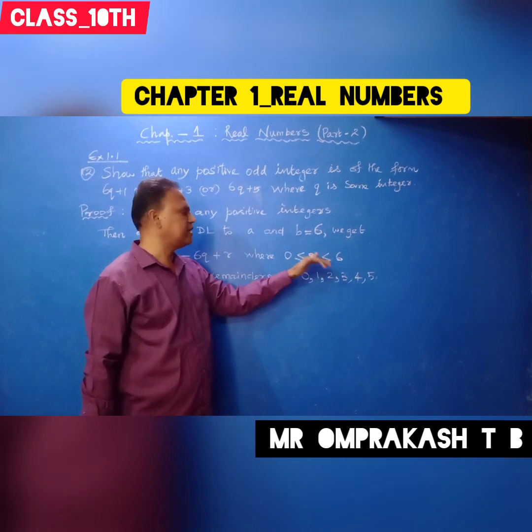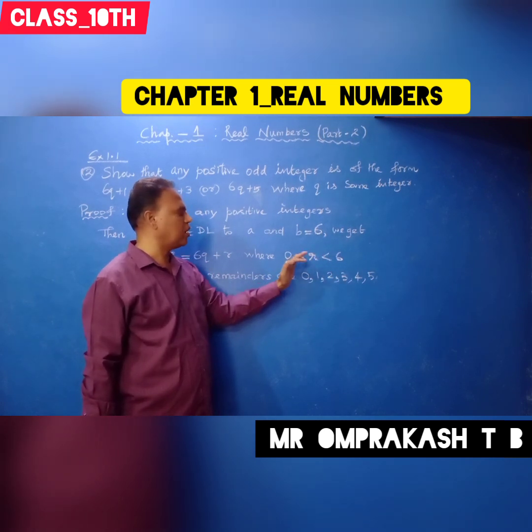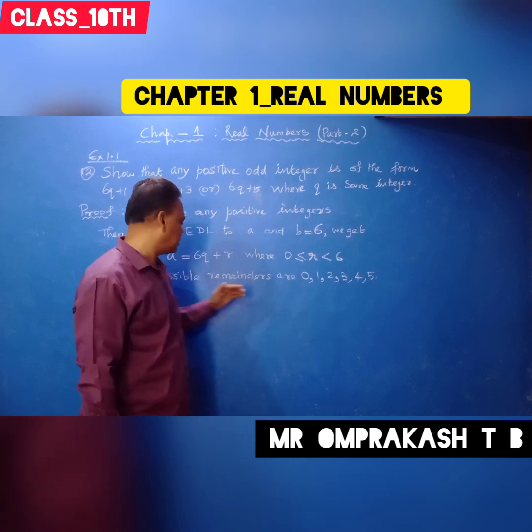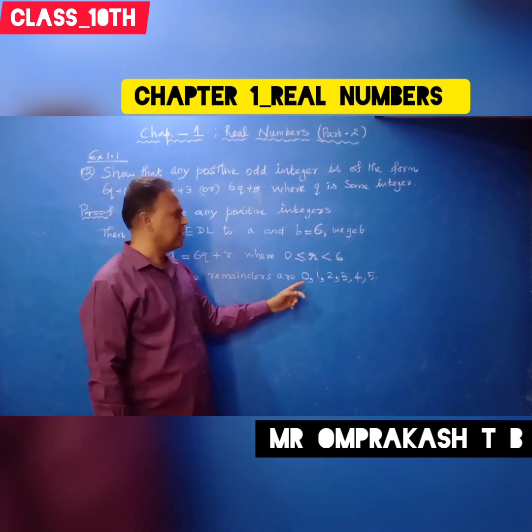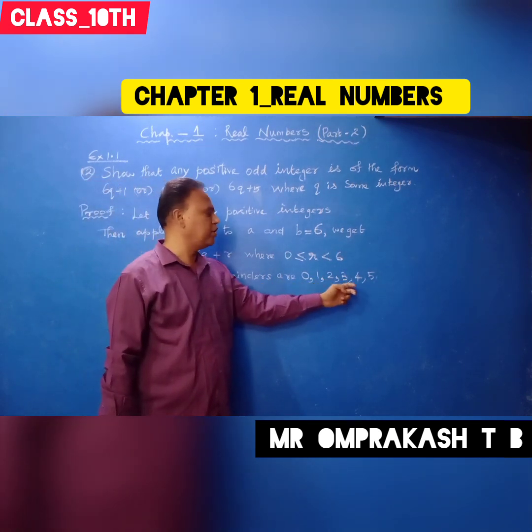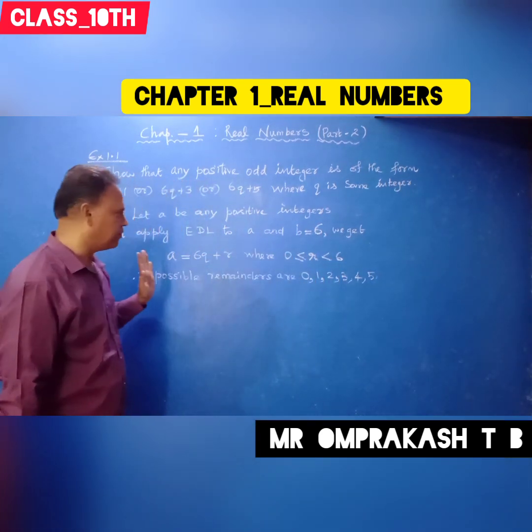So how is the remainder? Either you will get 0 or less than 6. The possible remainders are 0, 1, 2, 3, 4, 5, up to 5 will come.